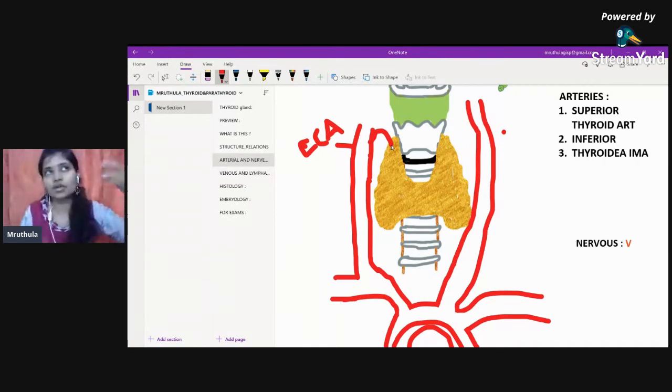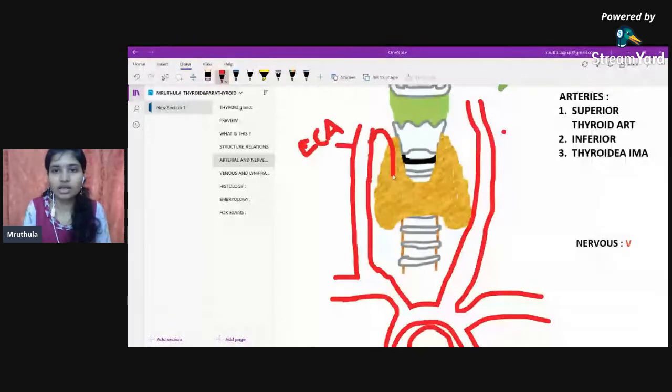First, on the lateral aspect, we have the external carotid artery, and from it the superior thyroid artery is coming, and coming, approaching the apex. As it reaches the apex of the thyroid gland, it divides into two branches: the anterior branch and the posterior branch. Here we have the anterior branch coming forward.